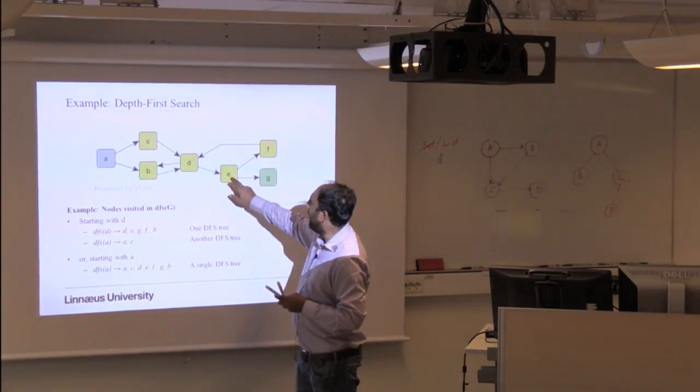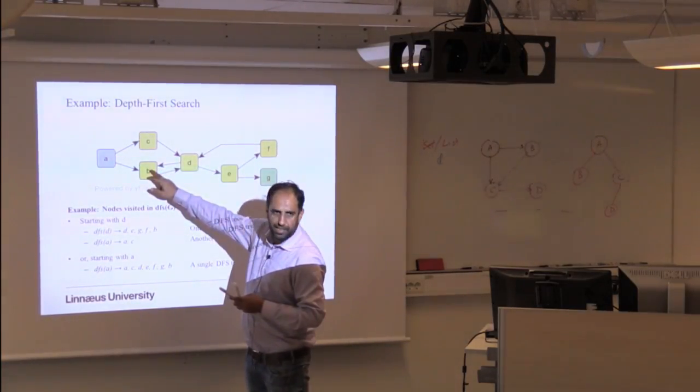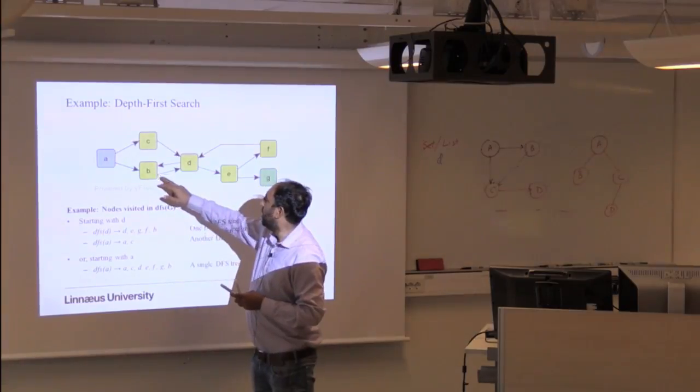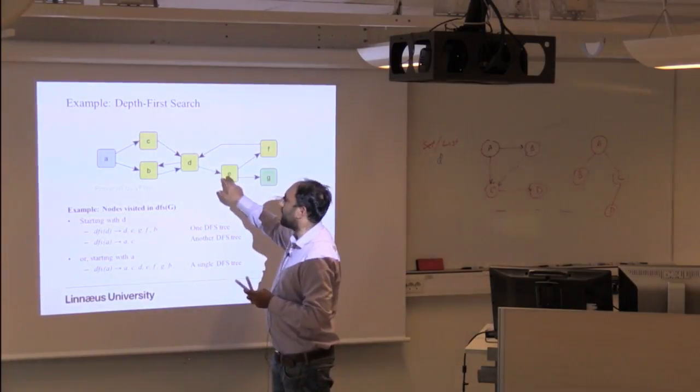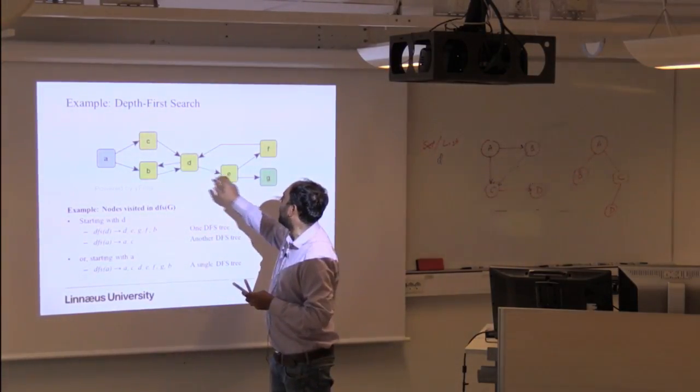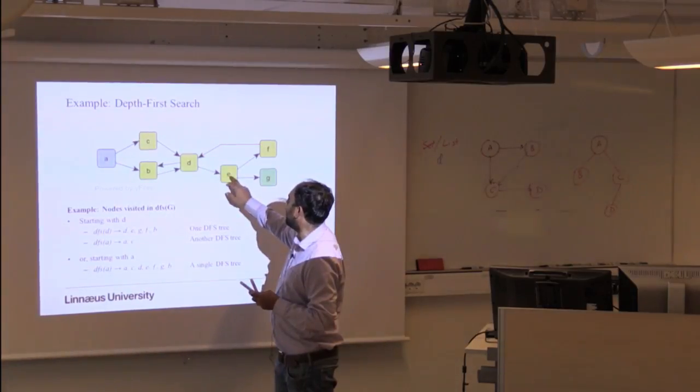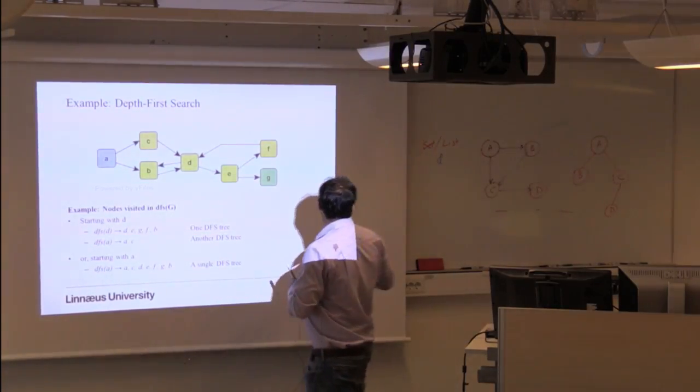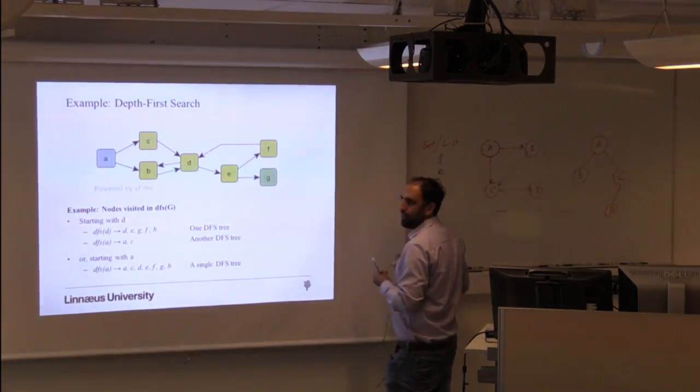E and B. These are the two successors, and you can pick either of these. So I choose E, and then I add E to the list.